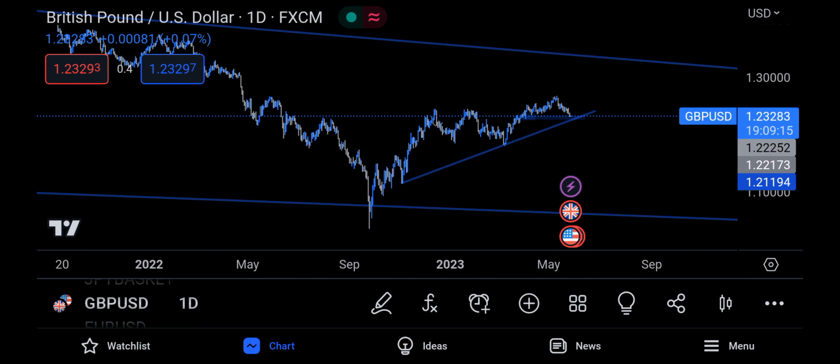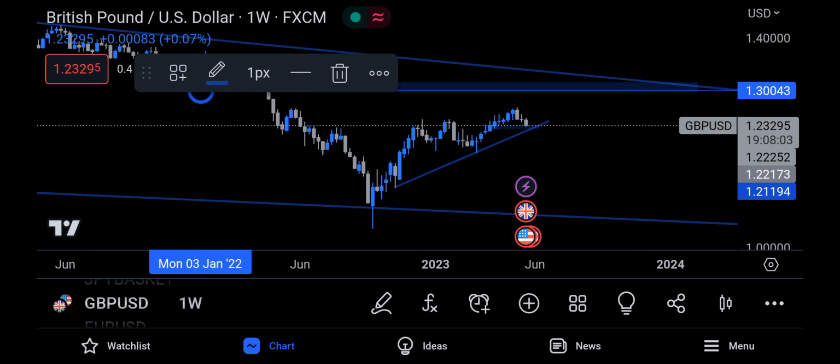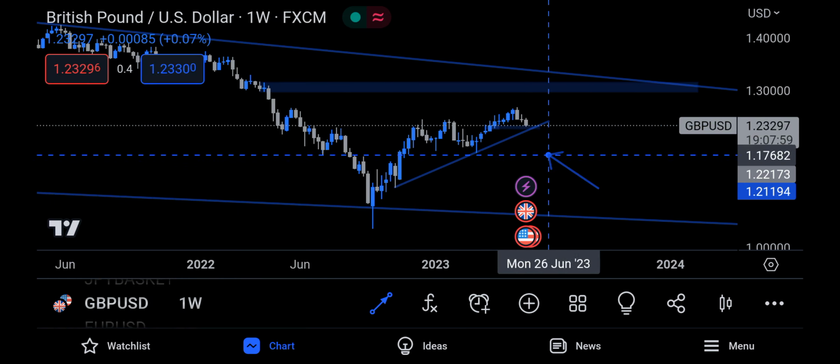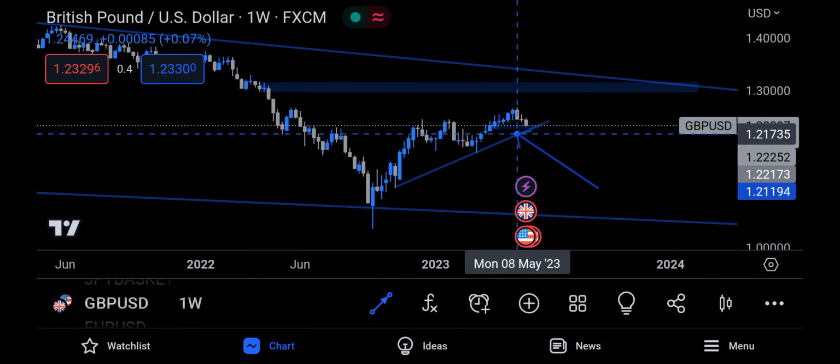This zone here, around the 1.30 round figure, which is a psychological level.